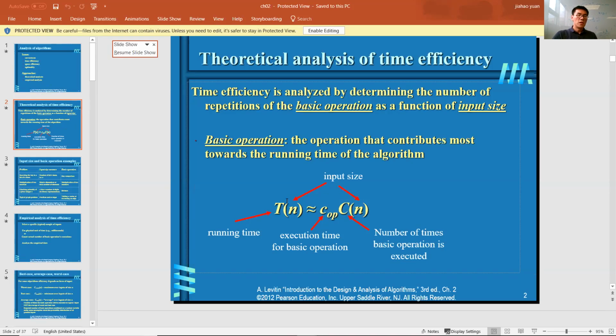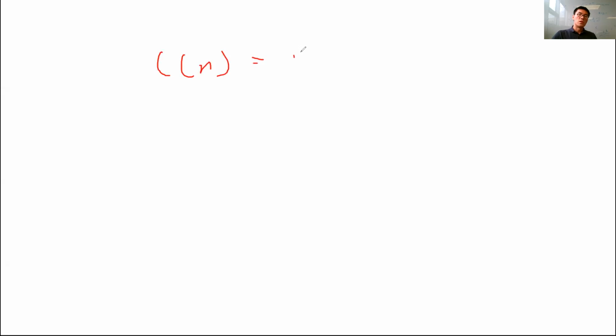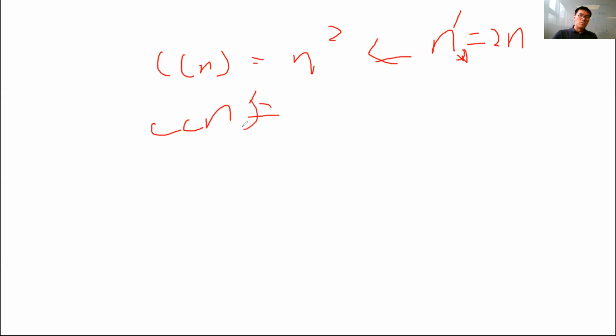So if c(n) equals n to the power of 2, which is n squared, or it could be even larger, then if n' equals 2n, then c(n') would be 4n squared, isn't it?